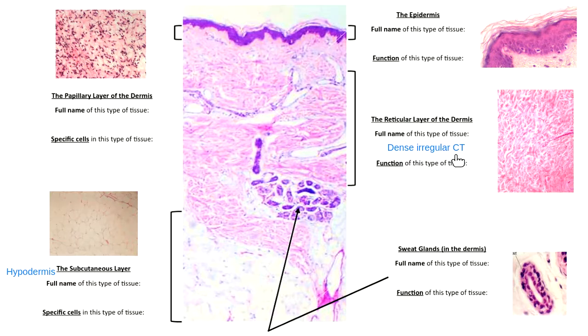When I talk about it being dense, irregular connective tissue, its name gives me two important ideas that help me to identify it. The first part of its name is this dense part. Whenever you see the word dense in the name of a connective tissue, that means I've got a lot of proteins in it.